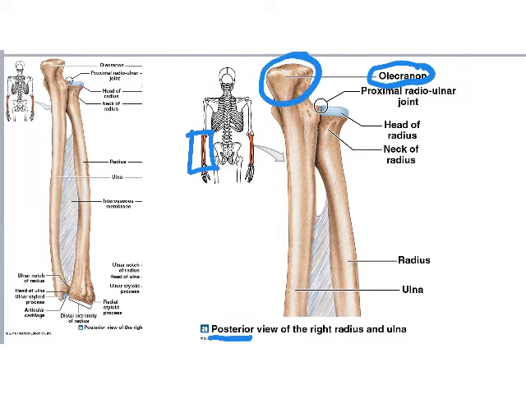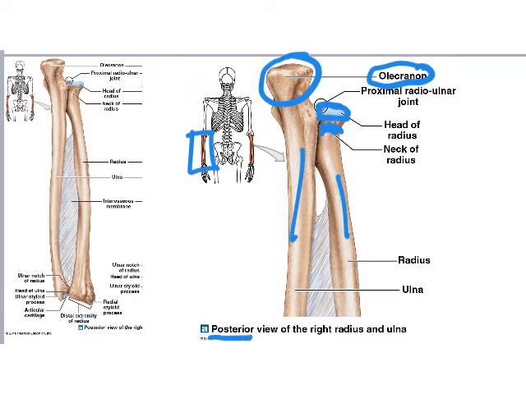You can also see what we call the head of the radius. The head of the radius is interestingly shaped. It's very flat and rounded, almost looks like a disc. Not very typical for the head of a bone. Then right below the head of the radius, of course, you would find the neck of the radius, just like we've seen previously. And then you can see the rest, the shaft of the radius and the shaft of the ulna.